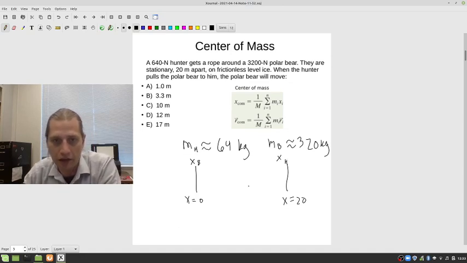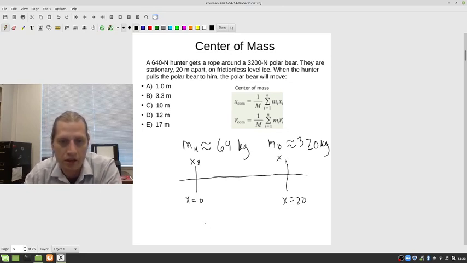Okay, now if I want to find the position of the center of mass, the position of the center of mass would be 1 over the total mass. So that would be 1 over 64 plus 320, in this case 384. And then here I would have the mass times the position.